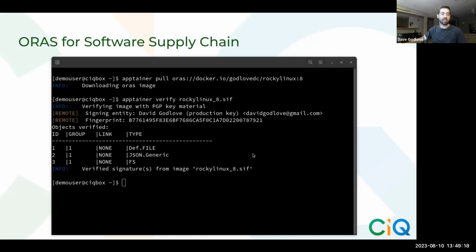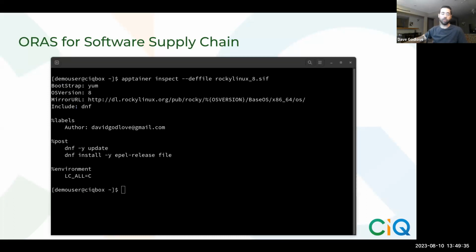So you can check this before you run that container. Now, you may argue, okay, well, when you built that container, you built it from an upstream container, which was up on Docker Hub or something, and because of that, it still might contain some malicious code or something you don't know.